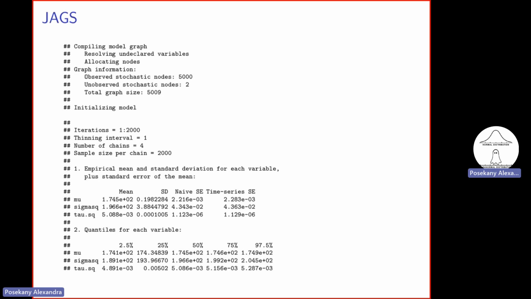So we are mainly looking at it to get an impression of what to read out here. So we see it shows 2,000 iterations. I mean, it shows them so that it will not occupy your machine too long. And then there's a so-called thinning interval and sample size within the chains.